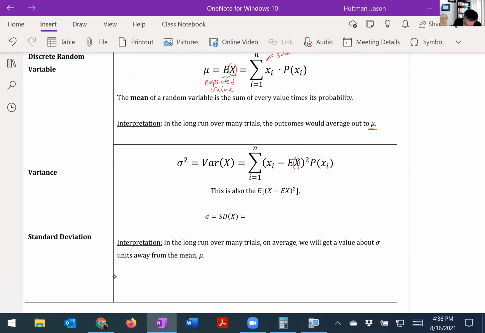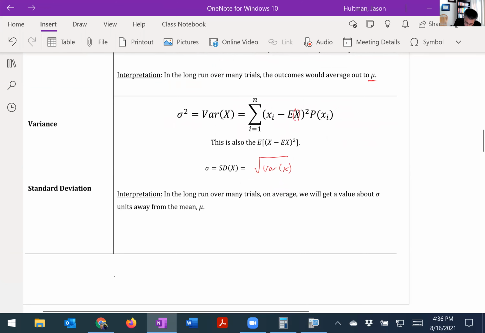Okay, this is also the expected value of (x minus the expected value) squared. Sigma here is equal to the standard deviation of x, which is the square root of the variance of x. If I take the variance and I square root it, I get the standard deviation. If I take the standard deviation and I square it, I get the variance. So they have a square root relationship. Interpretation of standard deviation: in the long run over many trials, on average, we will get a value about sigma units away from the mean.